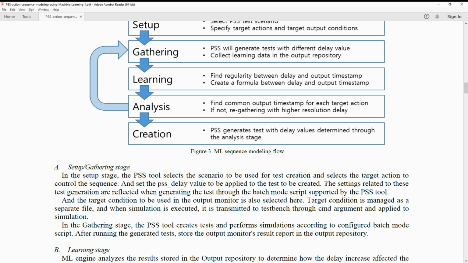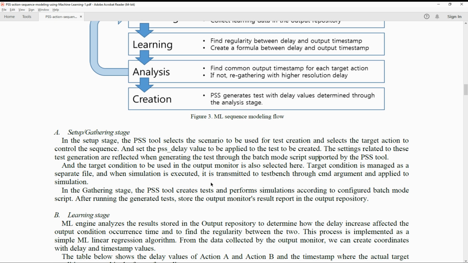And the settings related to these test generations are reflected when generating the test through the test mode script supported by the PSS tool.